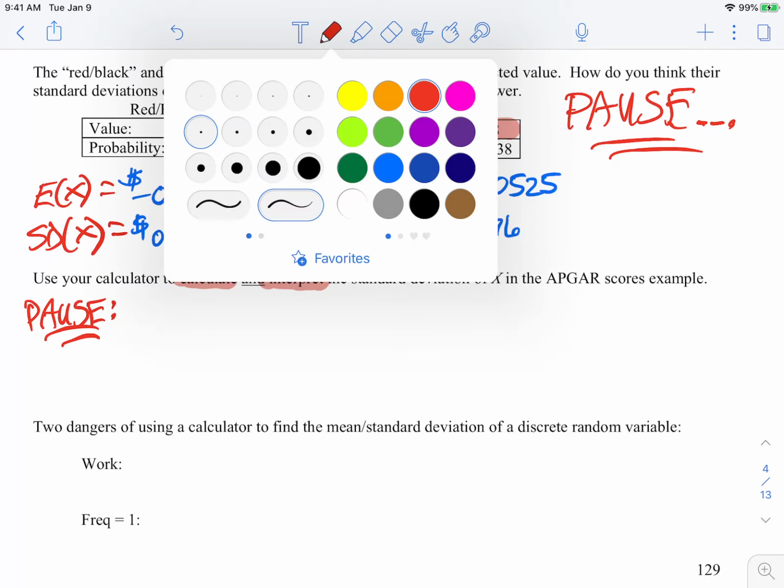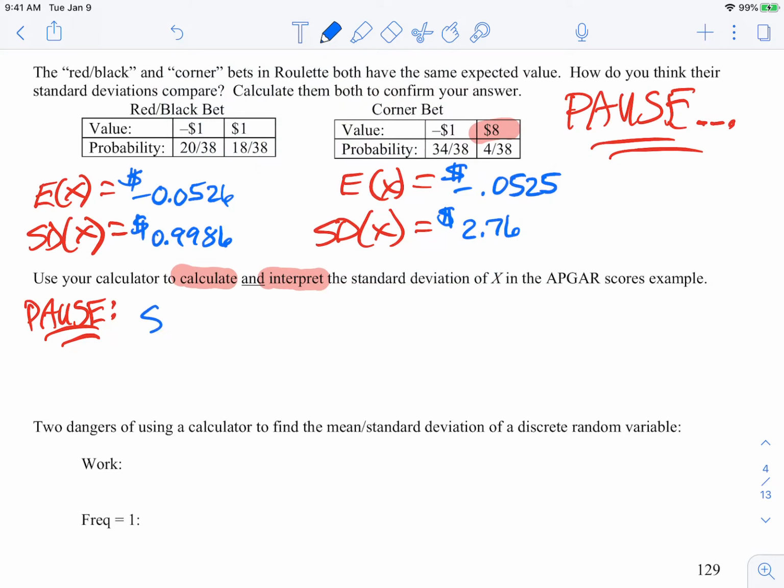All right, the standard deviation for the APGAR scores should be approximately 1.437. Now, interpreting it's kind of weird because these are just scores. They're not like inches, feet, dollars, anything like that.